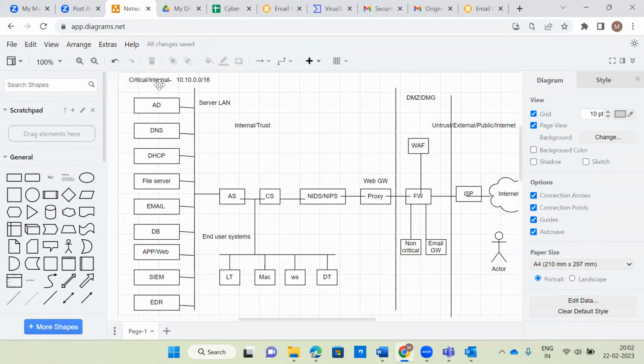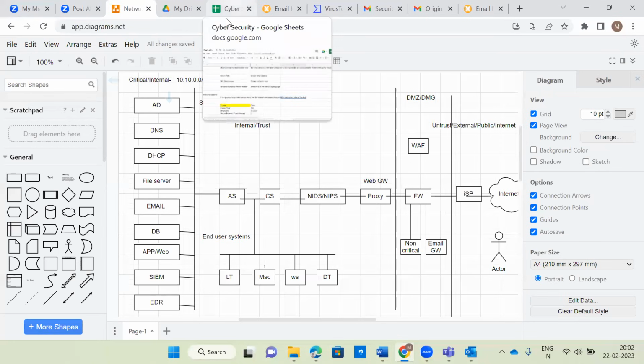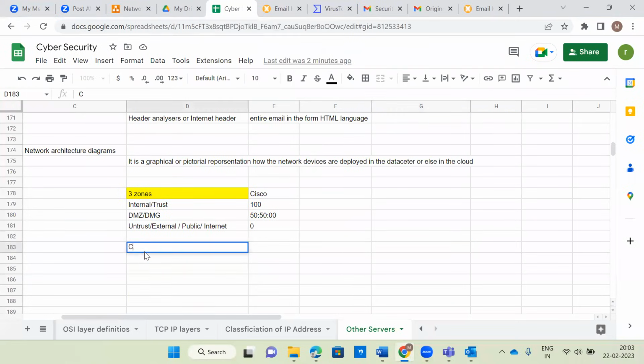So first and foremost, this is server security. Whatever security control we are providing to these critical or non-critical servers, we call it server security. So what will server security provide? Vulnerability assessment, vulnerability management, and also hardening benchmarks.